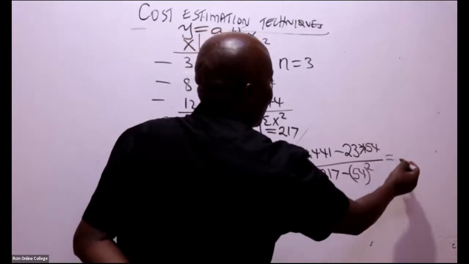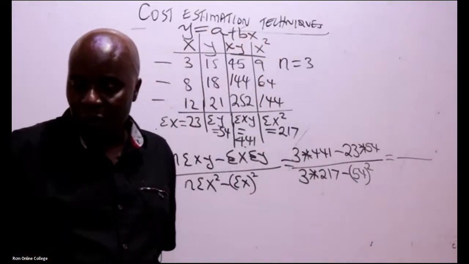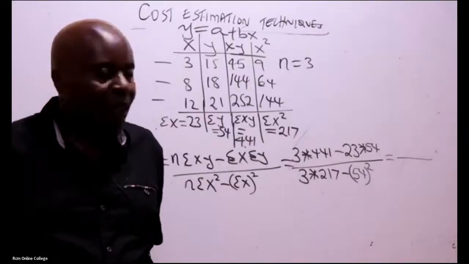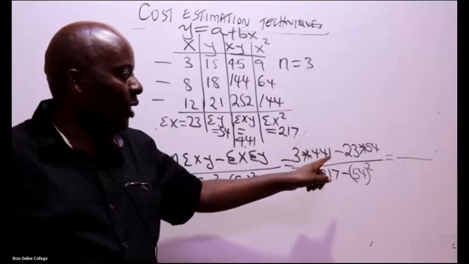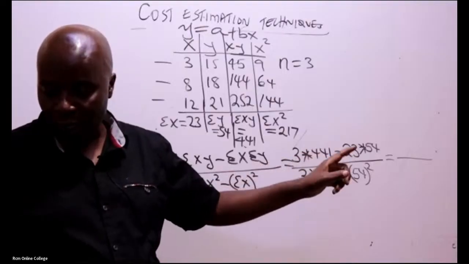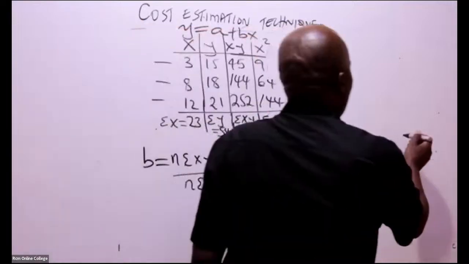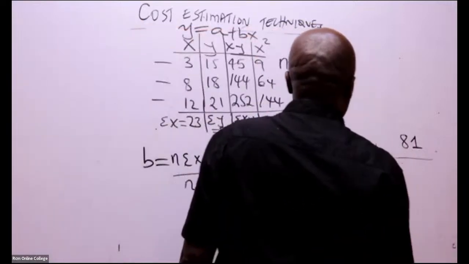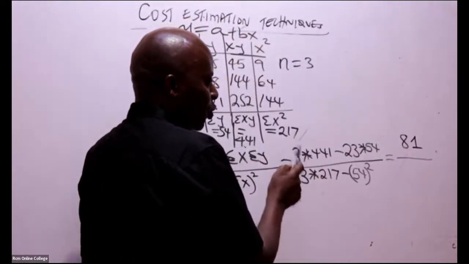Then go ahead and give me the numerator first. So the numerator alone, you say 3 times 441 minus 23 times 54. What figure are we getting? According to Helen, we are getting 81. Thank you so much. And then we have here 3 times 217 minus 54 squared.